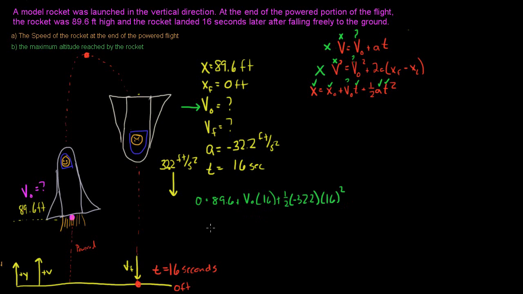When we solve for v naught, we get v naught is equal to 252 feet per second. And this is our answer for part A.